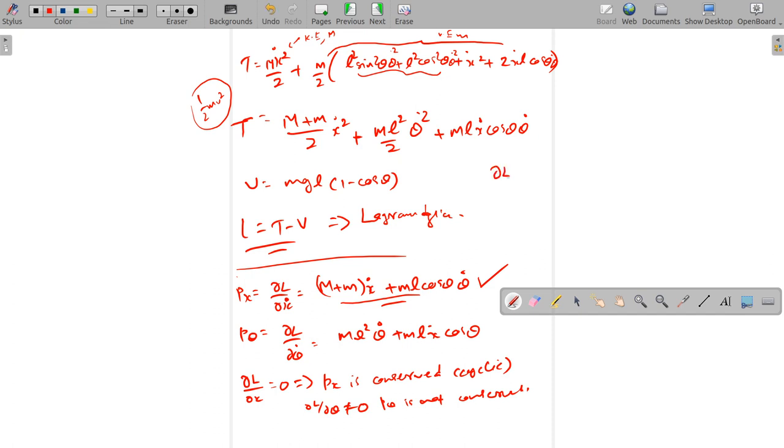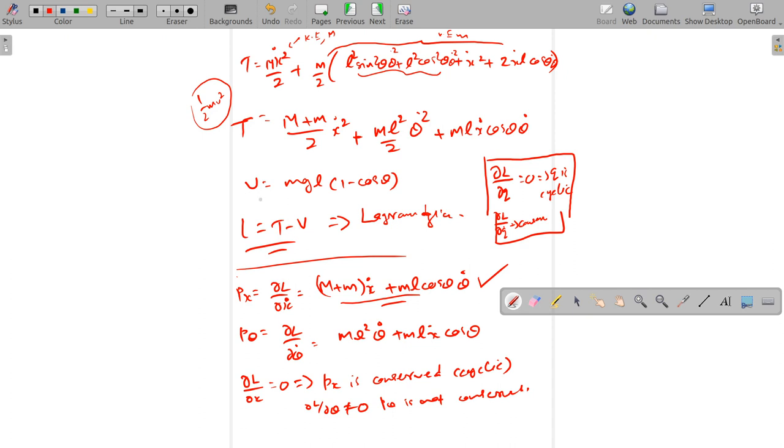So if a quantity dou L by dou Q is 0, that means Q is cyclic. So this is from classical mechanics. This means that the conjugate momentum del L by del q dot is conserved. Okay, so we basically use that here.